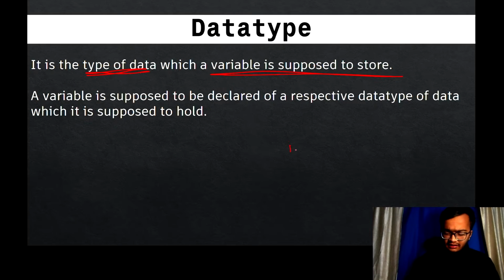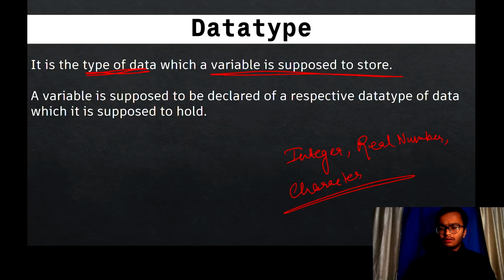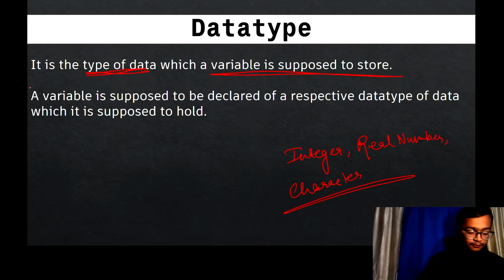It can be int, we have already studied. It can be of integer data type. It can be of real number data type. It can be also a character. Now see, a very important point is made over here.